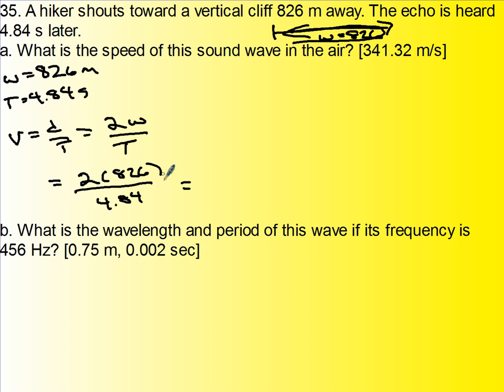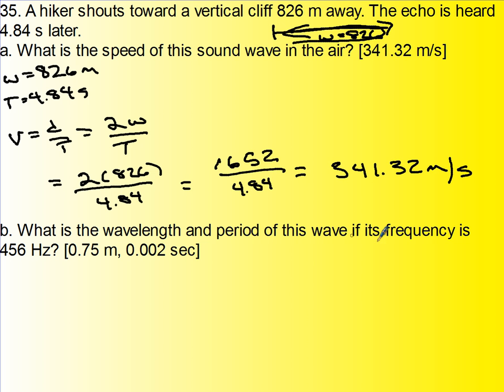So go on and multiply this across. 2 times 826 is 1652, divided by 4.84. And now do the division. And this is 341.32 meters per second.